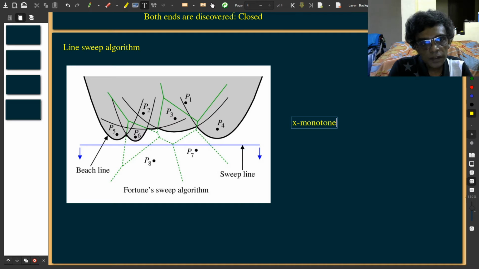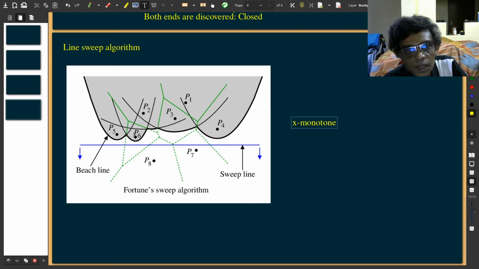So the distance from P5 to this intersection point, from P6 to this intersection point, and from this point to the line, these three distances are equal. This means that when the sweep line sweeps down, this intersection point will follow the perpendicular bisector of P5 and P6, this segment.